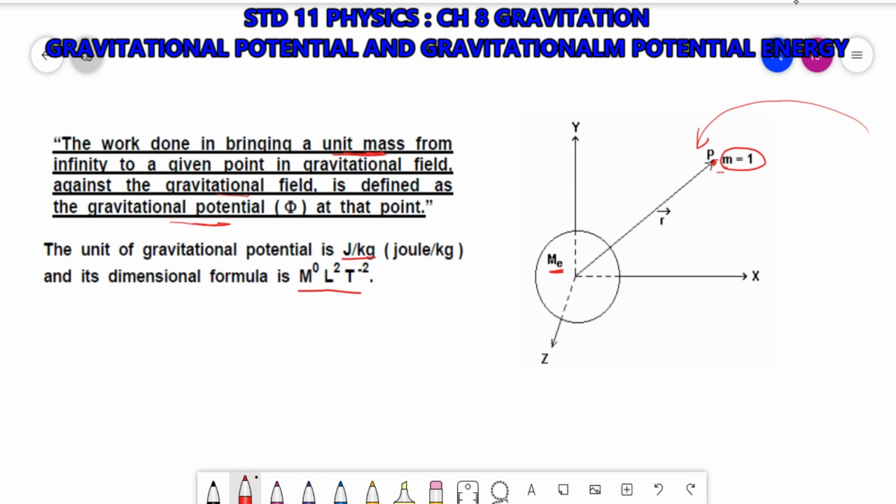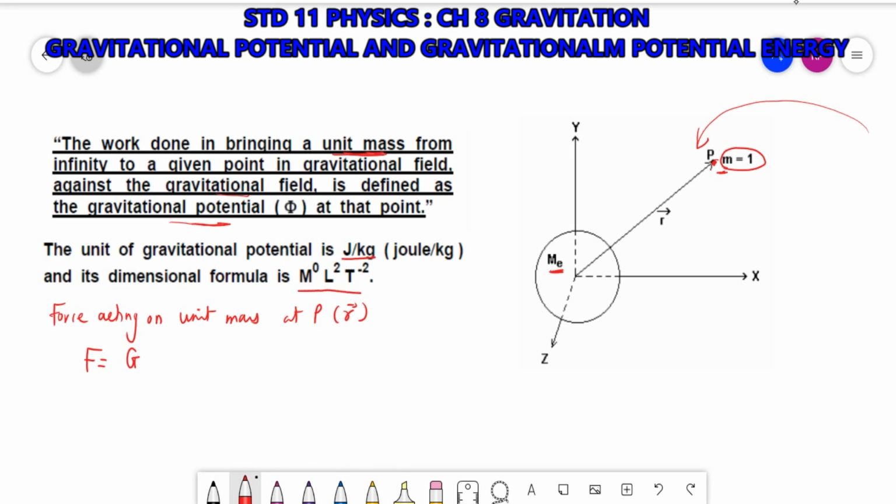The force acting on unit mass at P, position vector R, will be equal to, the formula for gravitational force is G m1 m2 by r square.